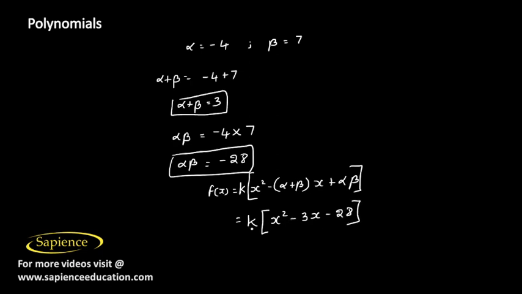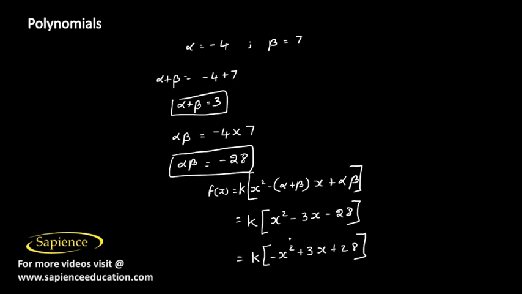Now we can also write this in the form k into (minus x square plus 3x plus 28). Why? Because I just multiplied with a minus 1, and since there is a k here, k divided by minus 1 is also another constant k.